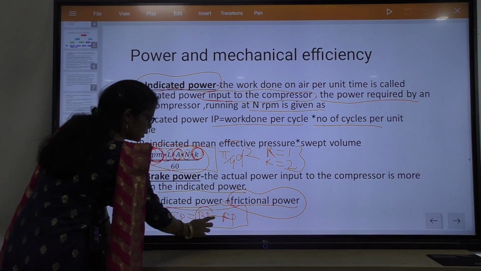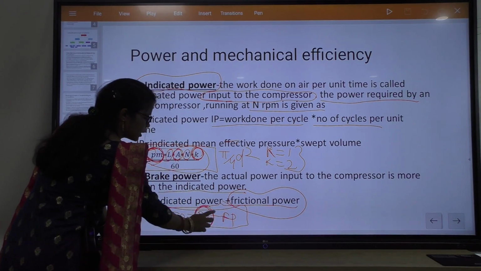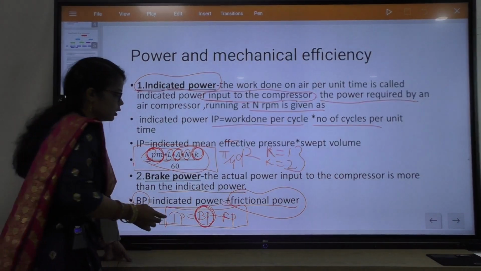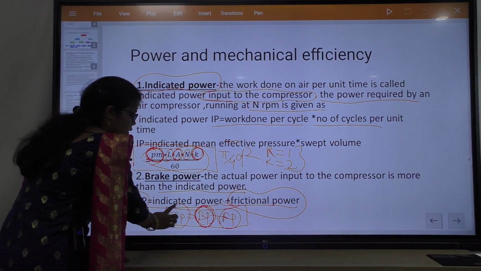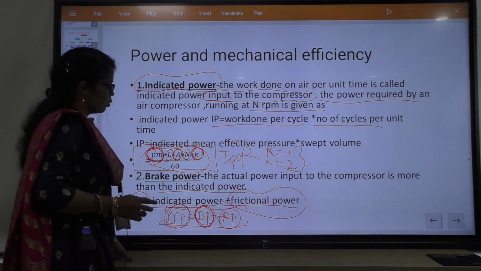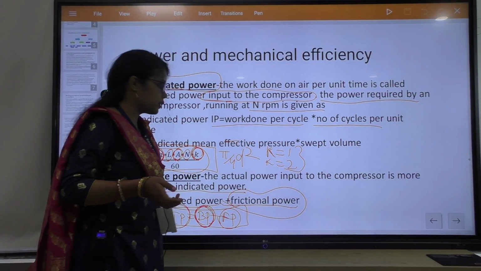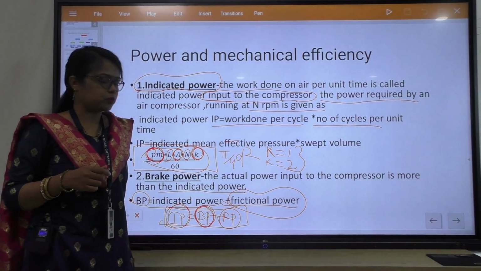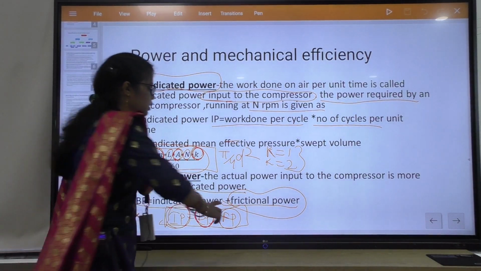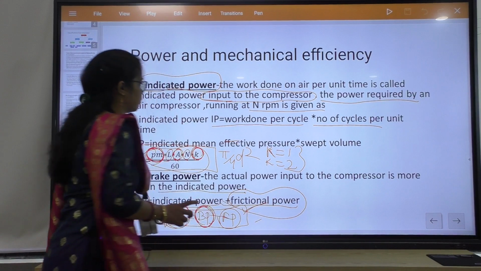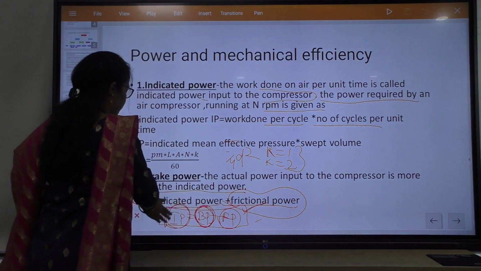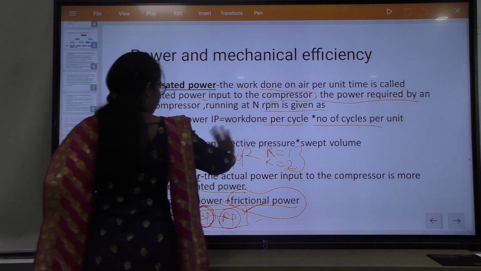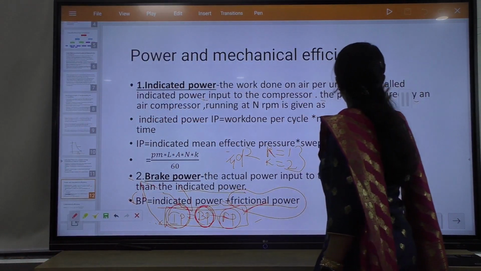Brake power is the actual power which we provide, frictional power is lost due to friction, and indicated power is the final power acting on the piston for the compression process. So, you need to understand these different powers. And brake power you can calculate by the formula 2 pi NT by 60.